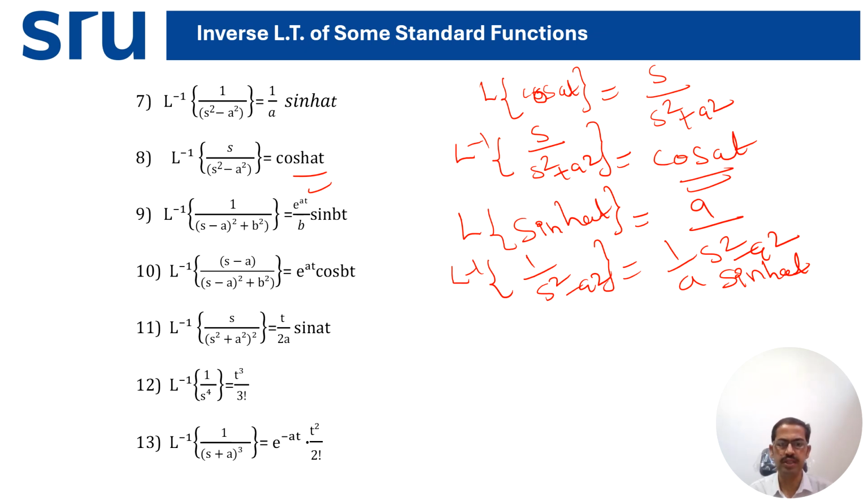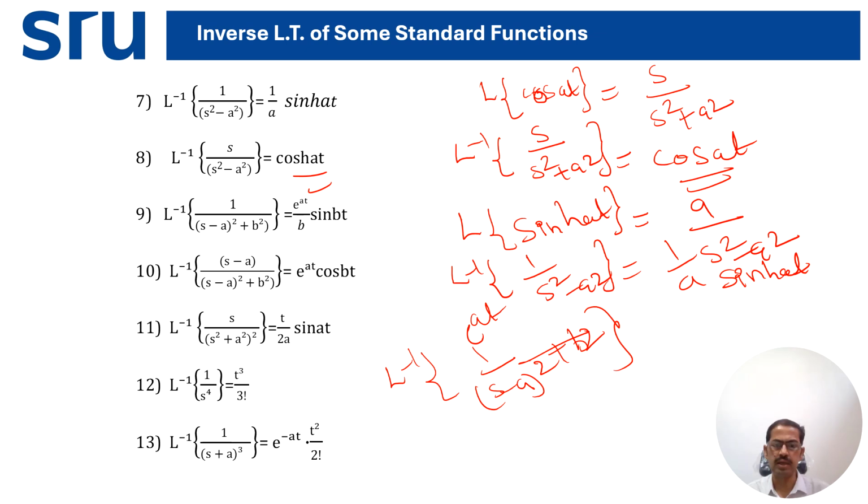Now using the first shifting theorem, just replace s by s plus a when e to the power of minus at is the coefficient. Take the inverse Laplace transform of 1 by s minus a whole square plus b square.